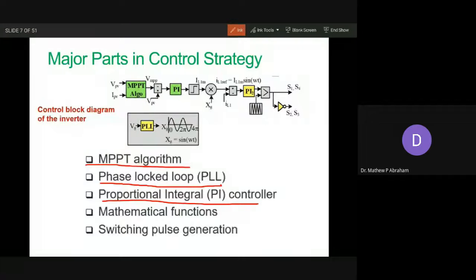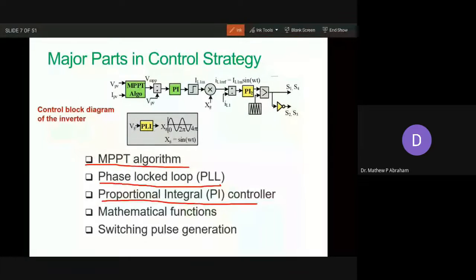We can tune it also in MATLAB. So we need not worry about all sorts of things. And some mathematical operations like comparison, multiplication, pulse generation, all these things are also available in MATLAB. Right? The switching pulse generation is done with a comparison of carrier signal.